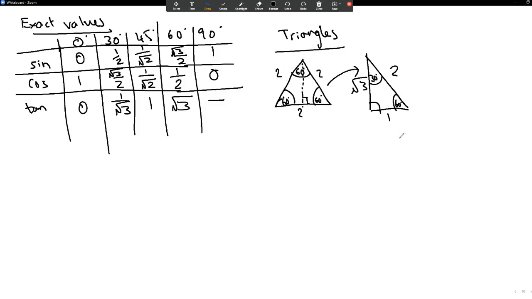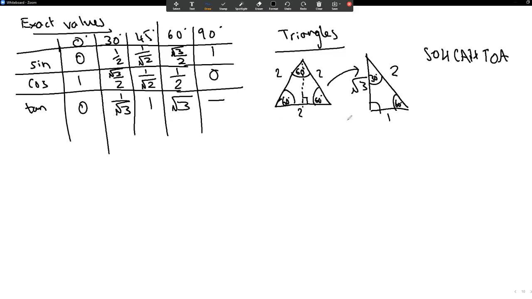Once we have this right angle, we can use our SOHCAHTOA rules to figure out any value for 30 degrees or 60 degrees. So let's say we wanted to find, let's do tan 60.